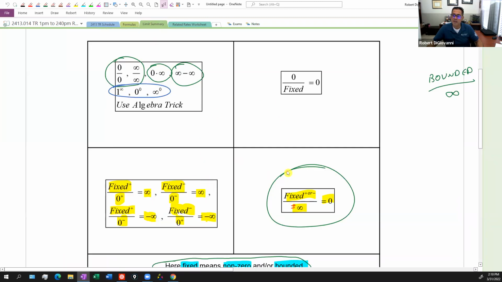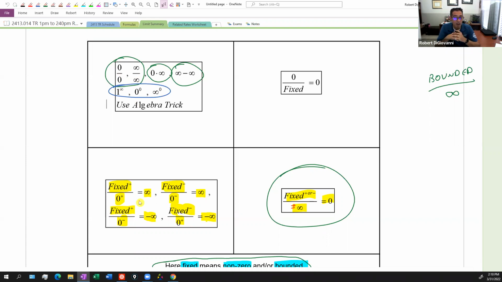If you ever see 0 over 0, you need to do some algebra. See infinity over infinity, some sort of algebra, some sort of trick. 0 times infinity, infinity minus infinity. If we had 0 over fixed, fixed over infinity, fixed over 0, all these different scenarios, right? You've now forgotten about this, right? No?